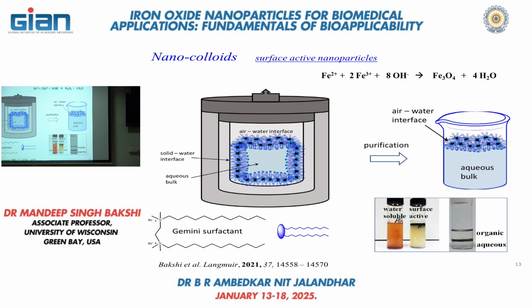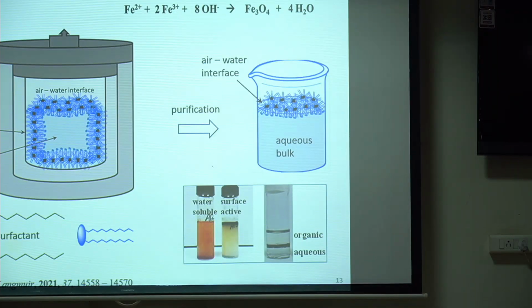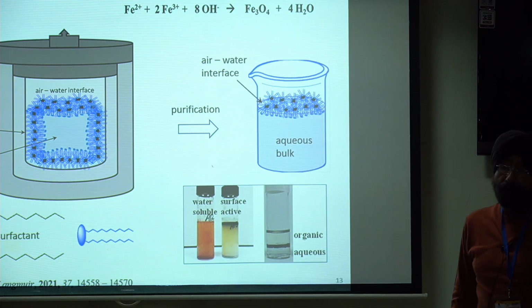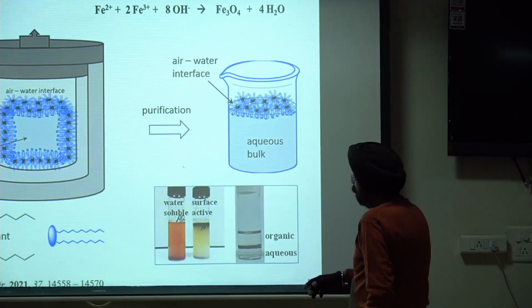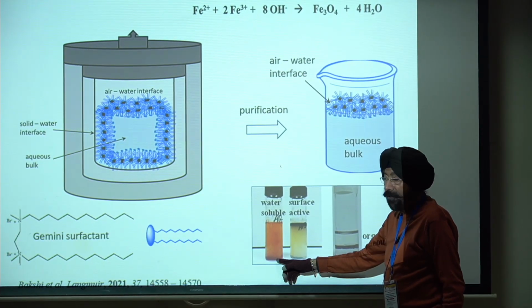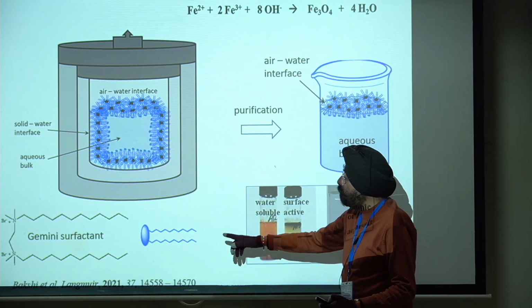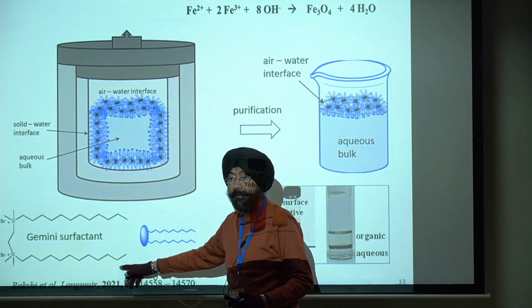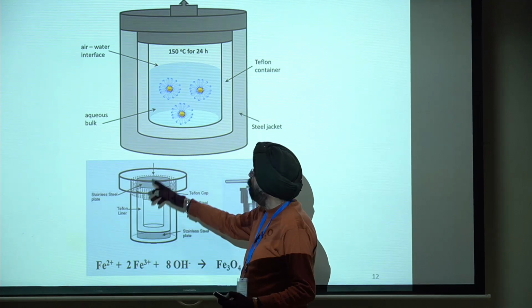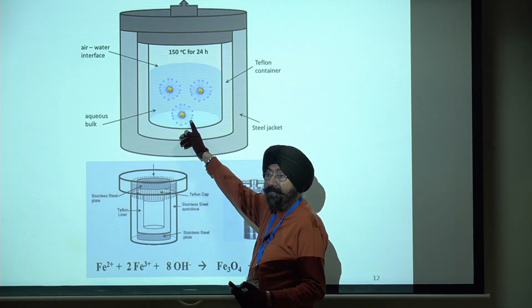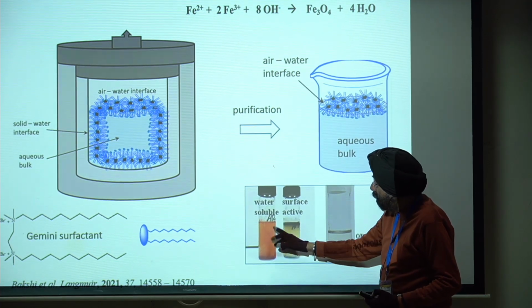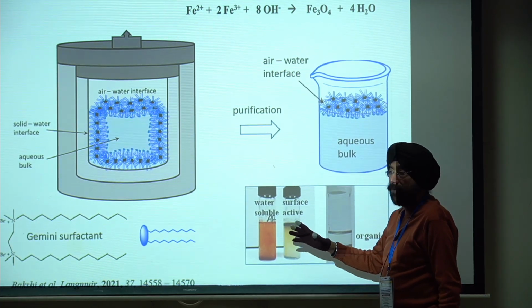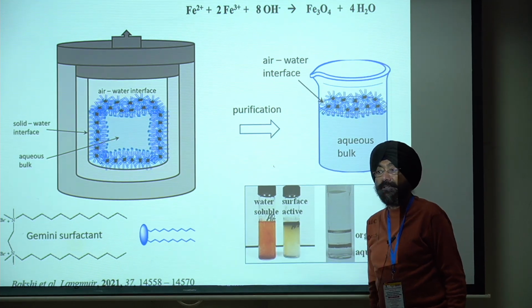Now, what is the difference in the actual sample of the surface active and the bulk soluble iron oxide nanoparticle? This is the bulk water soluble iron oxide nanoparticle. When you do not use the Gemini surfactant, when you use only the conventional surfactant, this is water soluble, and the color of the sample is close to brown, yellow brown, because of iron oxide.